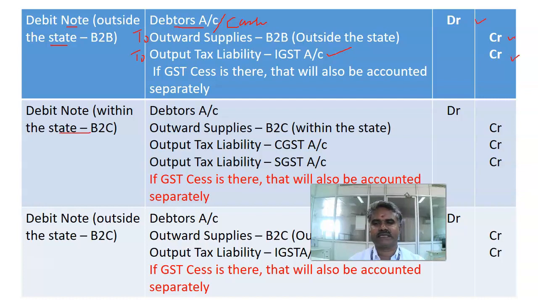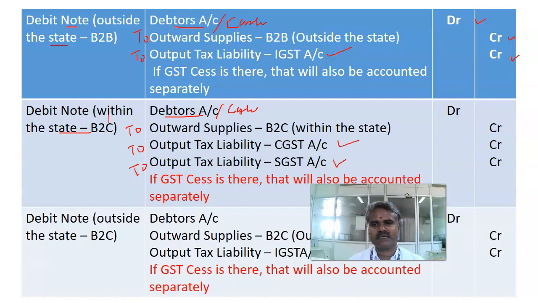Debit note within the state, same, debtors. This is B2B, this is B2C. I think both are the same entry. Debtors or cash, to outward supply, to output tax liability CGST and SGST.